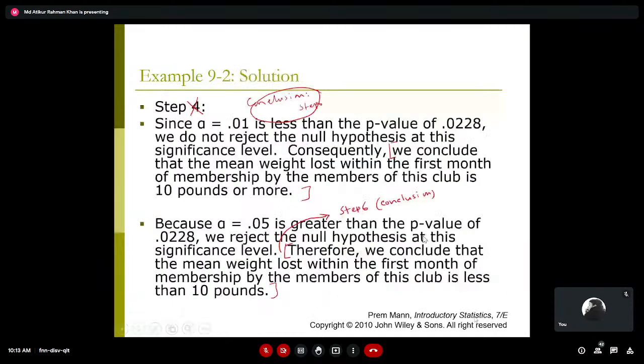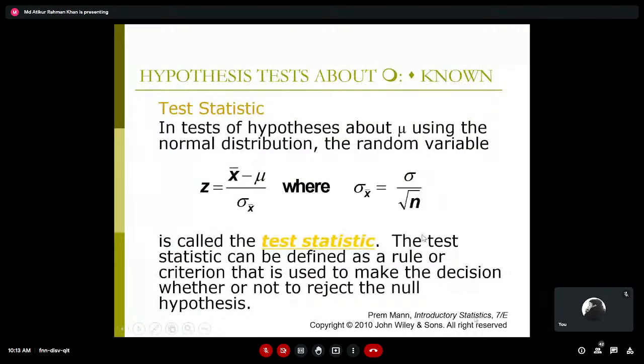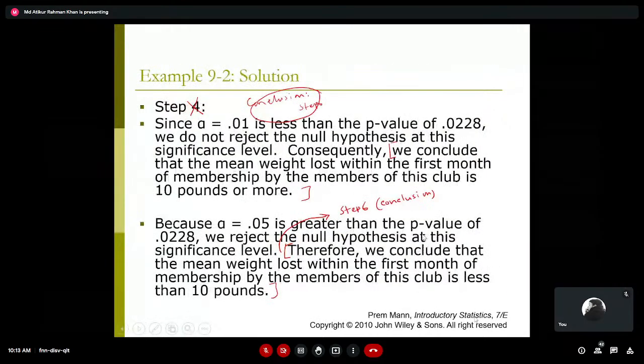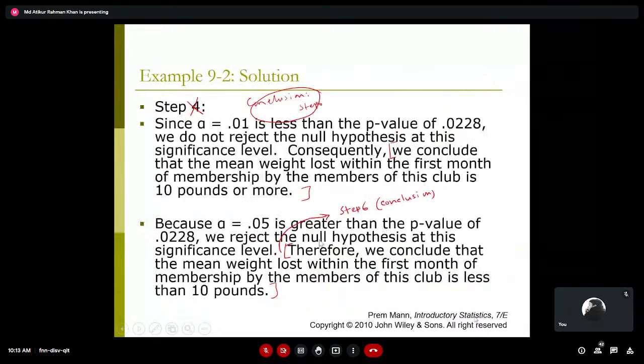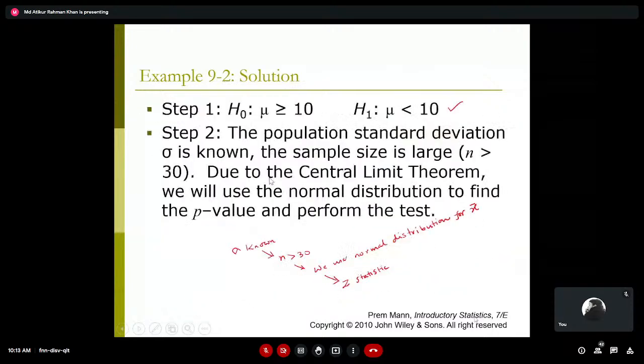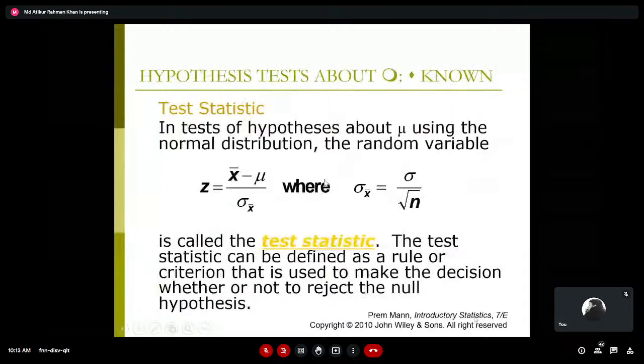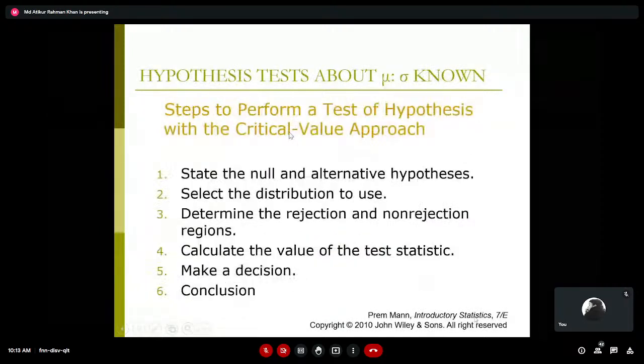Let us see one problem with critical region. Until this point, we have essentially reviewed the stuff that we have done in the previous lecture. So we are moving forward with the critical value approach.